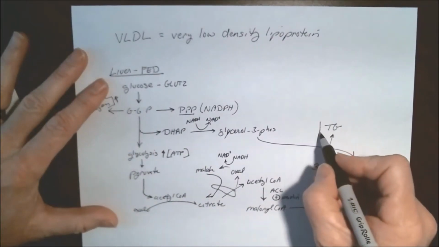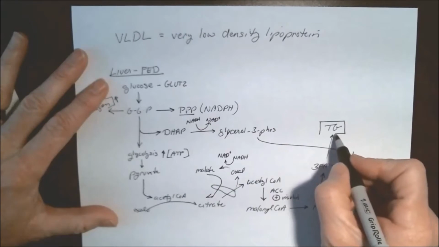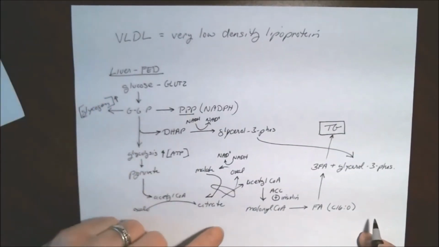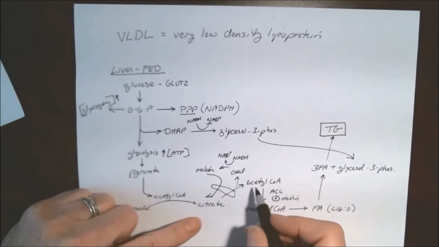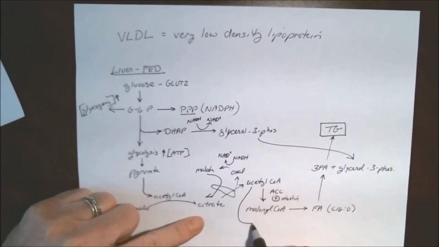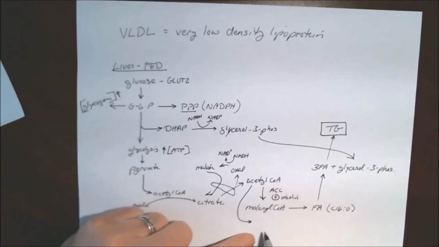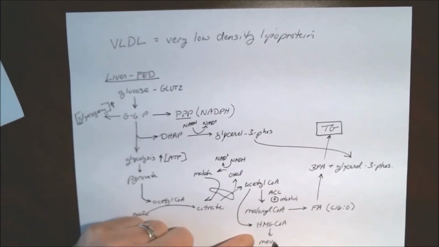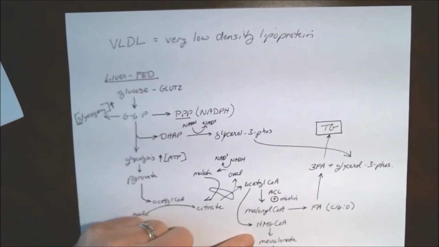So now, once we have our triglyceride, we have one of our major substrates to form VLDL. The other substrate is going to come from cholesterol synthesis. Remember our acetyl-CoA? We will combine in a couple of reactions to form our HMG-CoA, which will form our mevalonate and onto cholesterol synthesis.